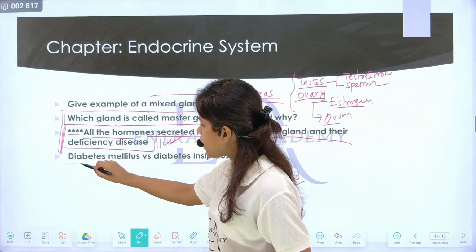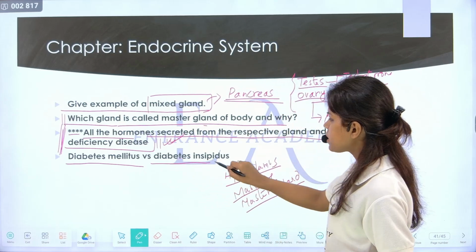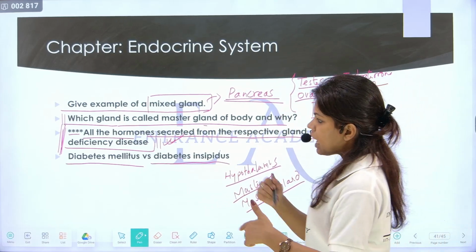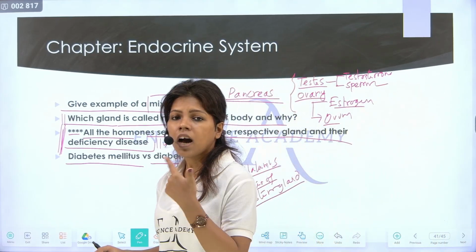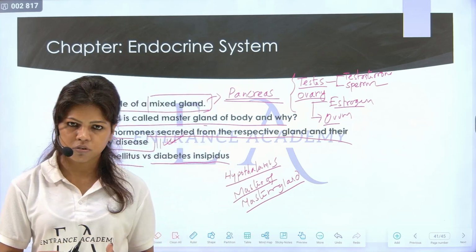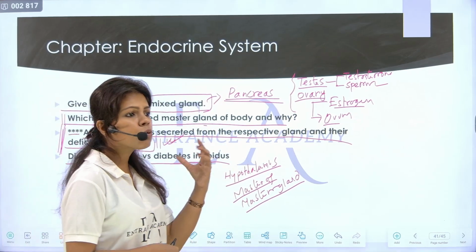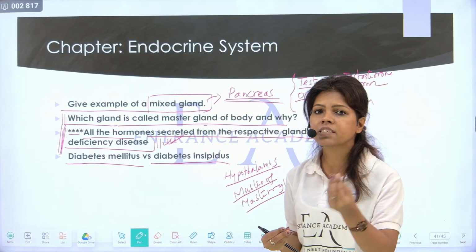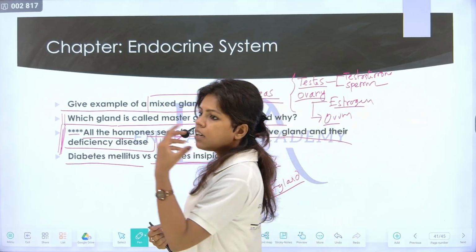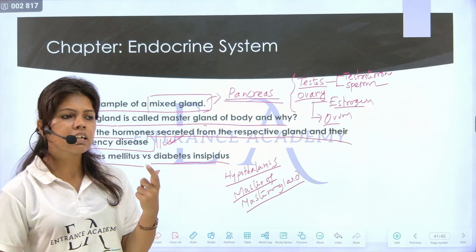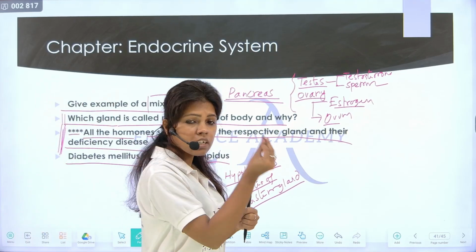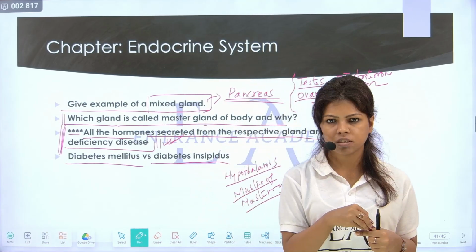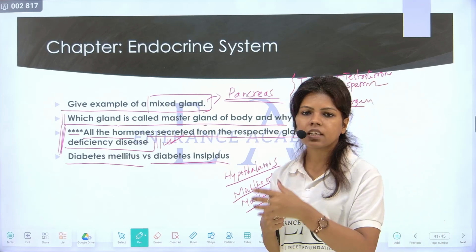Last question from this part, diabetes mellitus versus diabetes insipidus. Diabetes mellitus is caused due to the hyposecretion of insulin hormone. What happens here? Due to consumption of excess glucose, free glucose is floating inside our body. The beta cells of pancreas secrete the hormone insulin, which converts this excess glucose into glycogen and stores it inside our body.